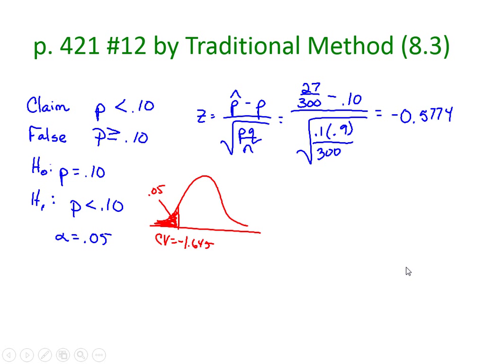Now what I need to do is compare where my test statistic is in relation to my critical region. In this case, my test statistic was negative 0.5774, which could just be rounded to negative 0.58, because when we're looking at those, we only go out to 2 decimals. If we find where that's at, so here is 0, negative 0.58 is about here.